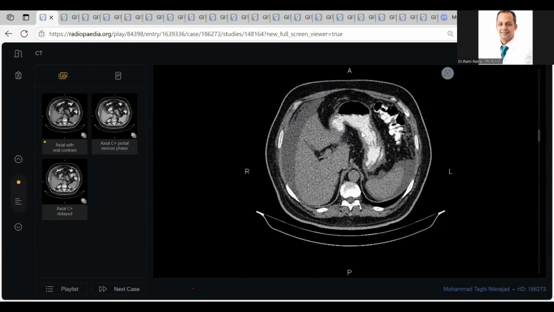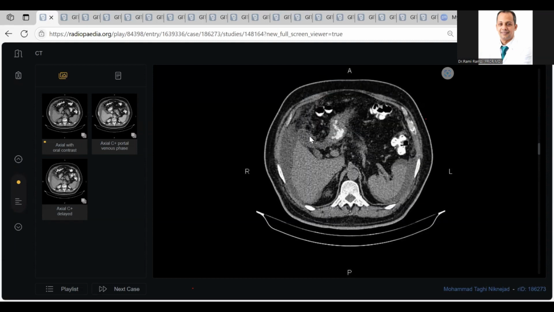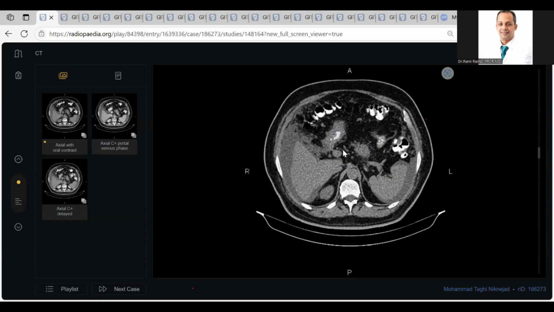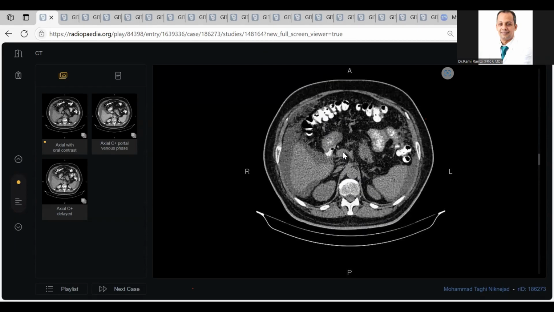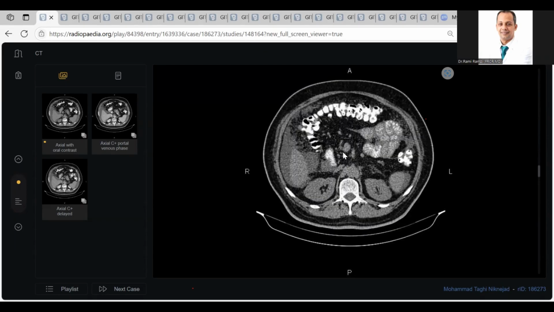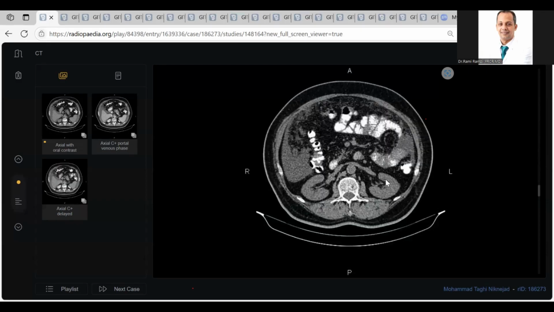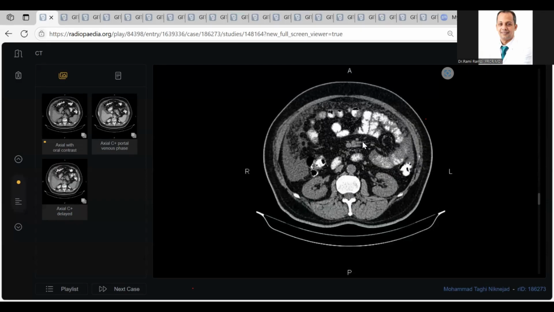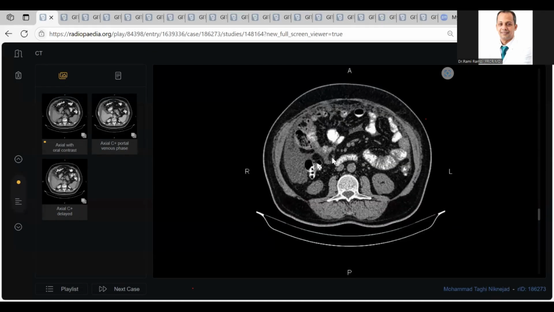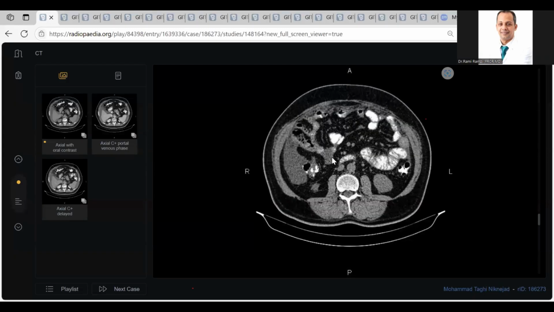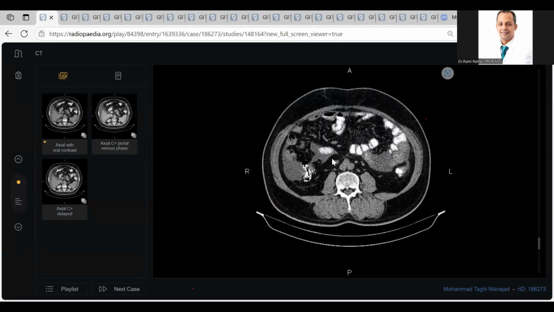As I scroll down, I can appreciate changes of mesenteric stranding and some omental thickening is noted. The contrast-opacified large bowel loops are unremarkable.